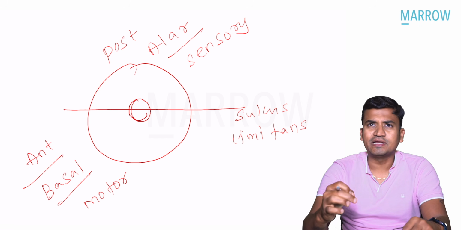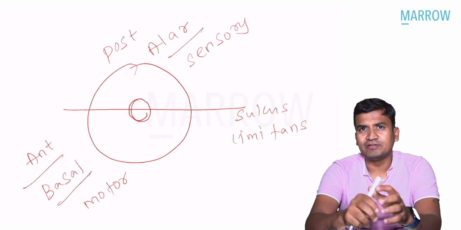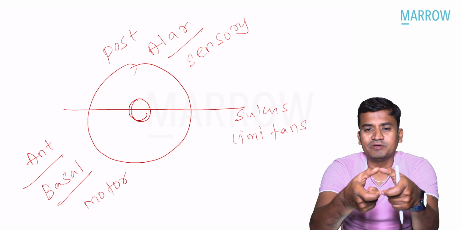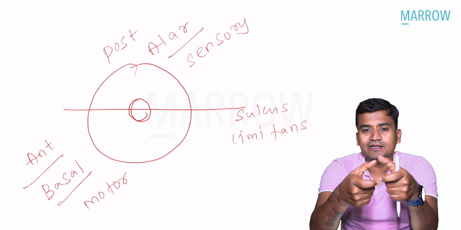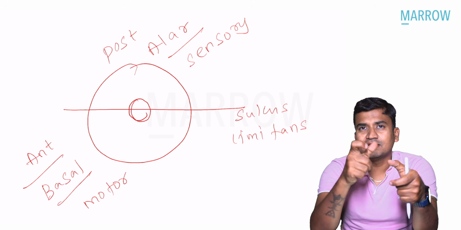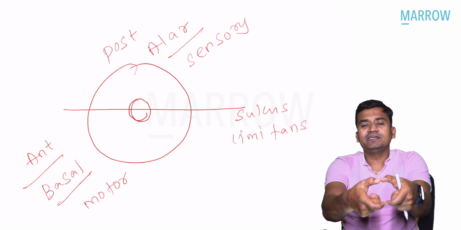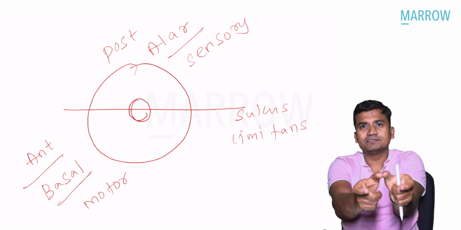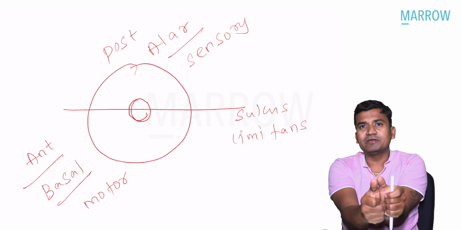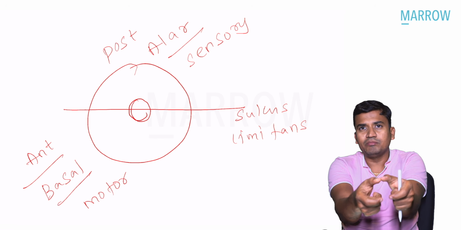Now in the fourth ventricle, the cavity is an open cavity, not a closed cavity. See my finger: my thumb is anterior, my index finger is posterior. In the fourth ventricle it is an open cavity, and the cavity opens out like this. So the anterior one, the basal plate, becomes medial, and the posterior one becomes lateral.